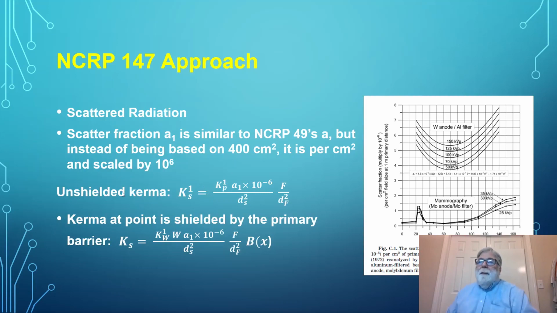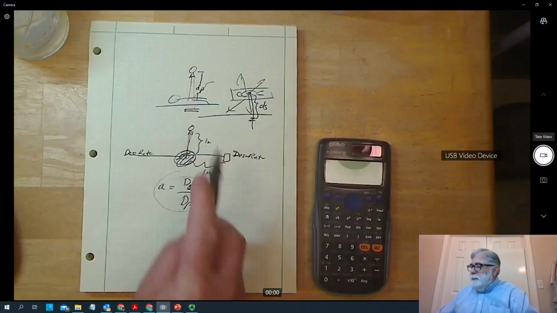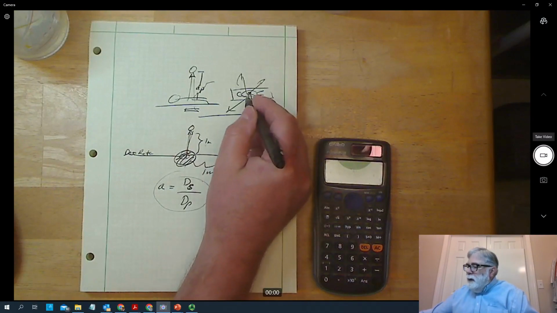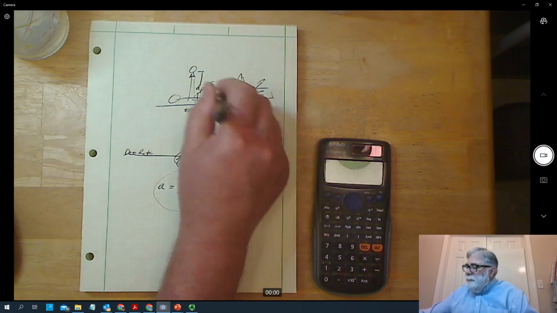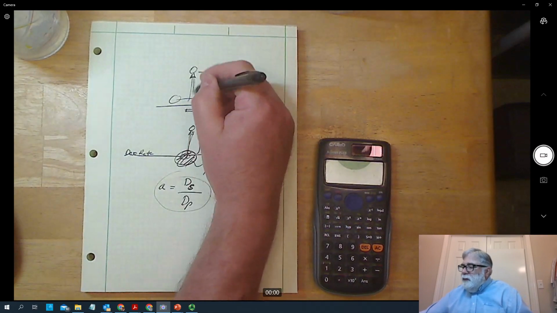So the amount of radiation, the kerma, from scatter per patient is going to be proportional to the kerma from the primary radiation. It's proportional to the scatter fraction. Now, the scatter fractions are at different angles. So if I look at my room that I was working on before, if I'm looking at a shield, the tube is coming down.